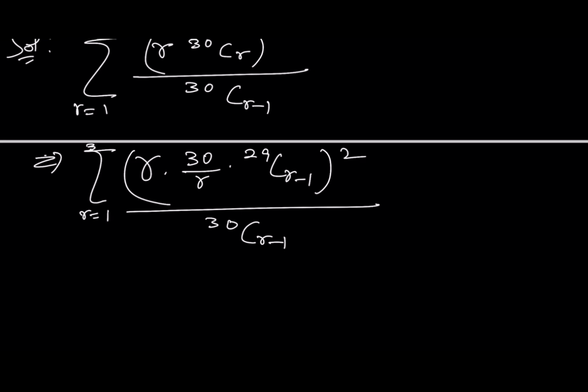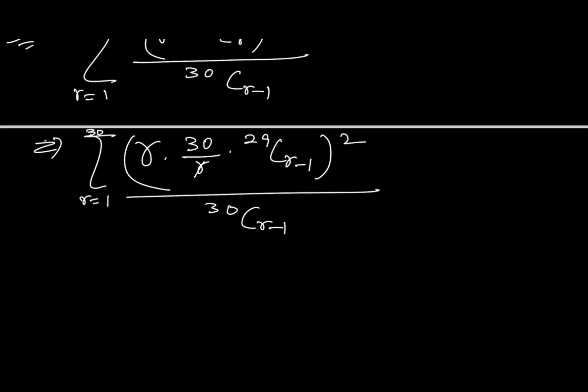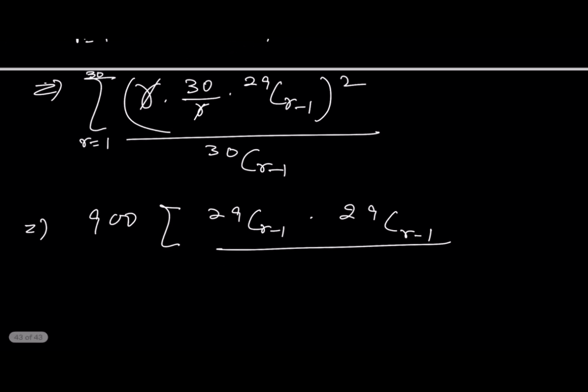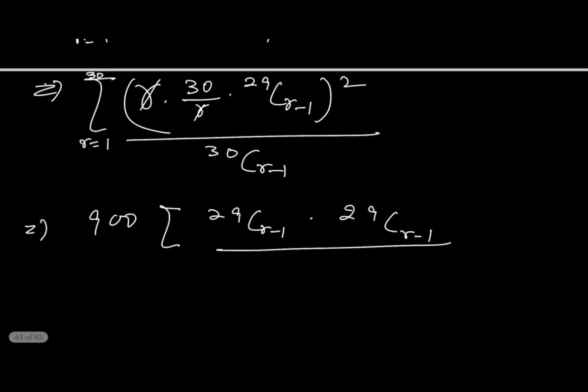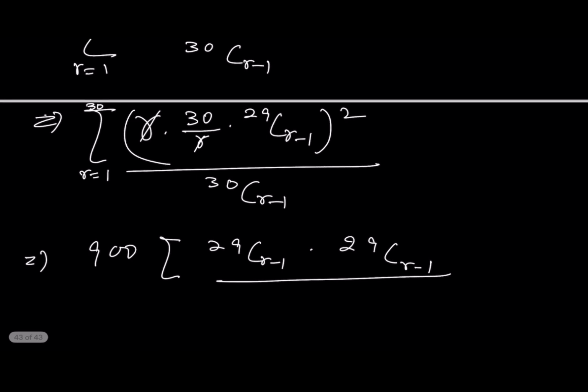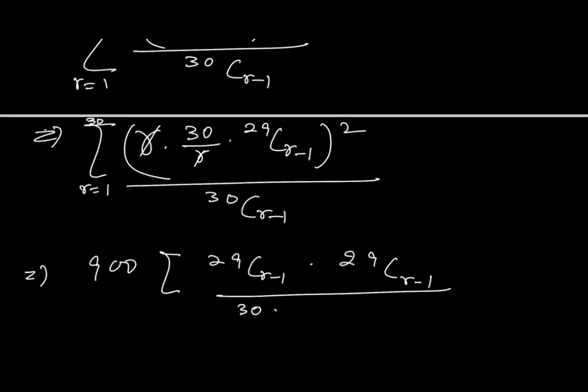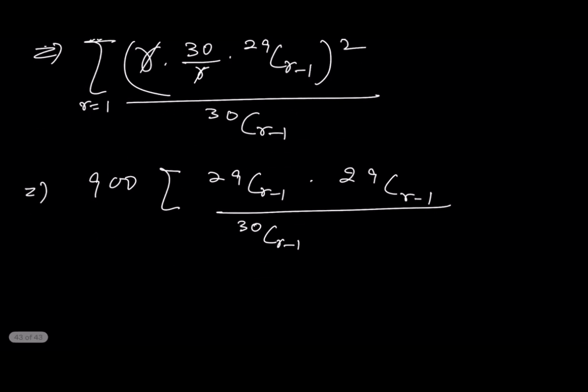So r cancels out, 30 square, 900, comes outside, and it will be 29C(r minus 1) into 29C(r minus 1) upon the denominator, which can be written as 30C(r minus 1).